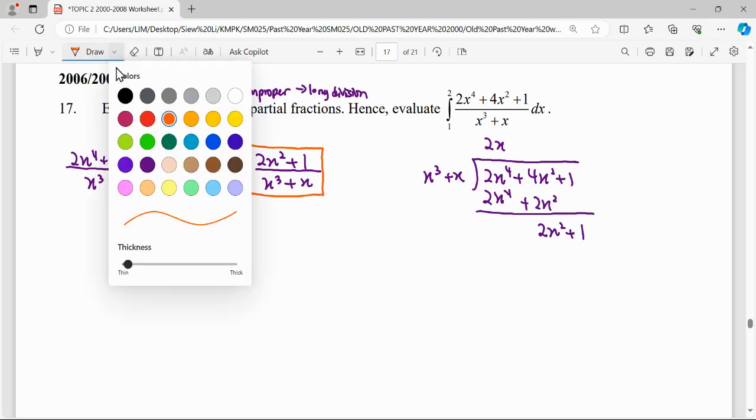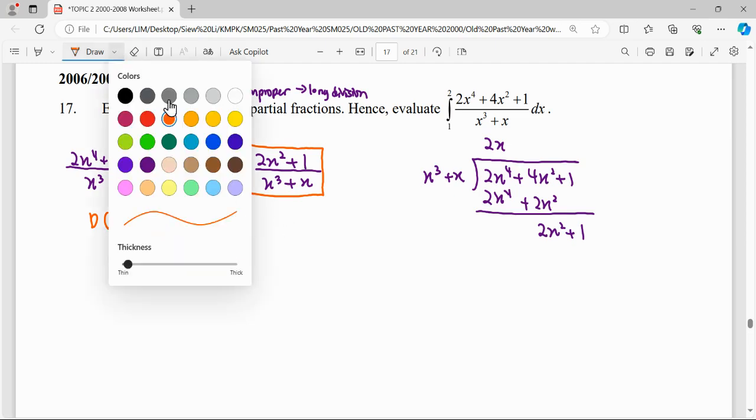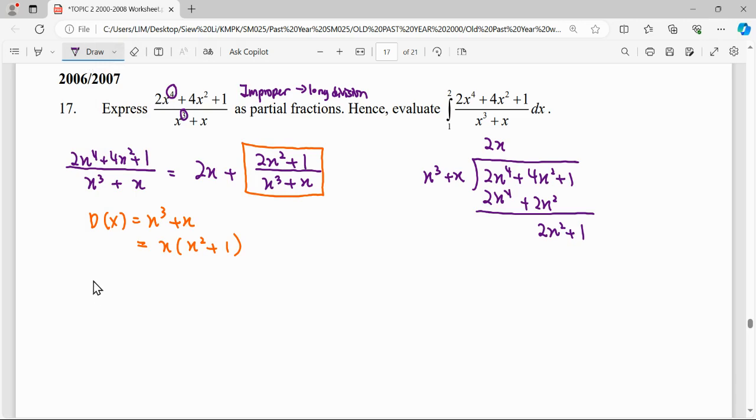So for the second step, we need to identify our denominator x cubed plus x, and factorize it completely. Now we proceed to split according to the factors: a linear factor x, and another factor which is the quadratic factor x squared plus 1.